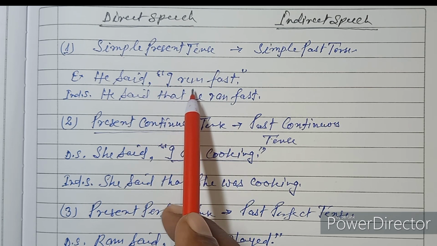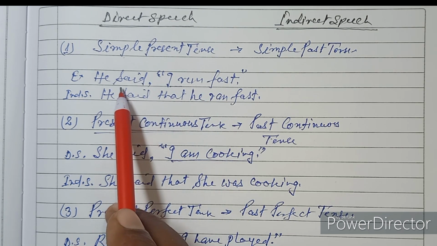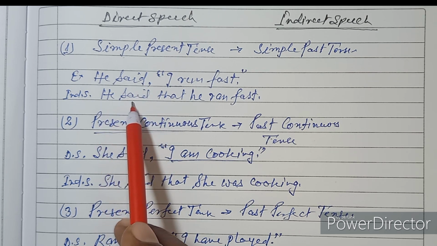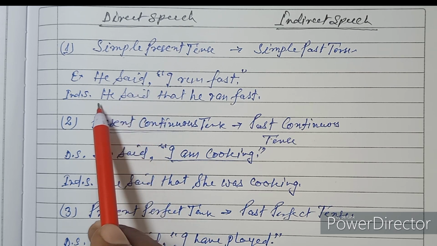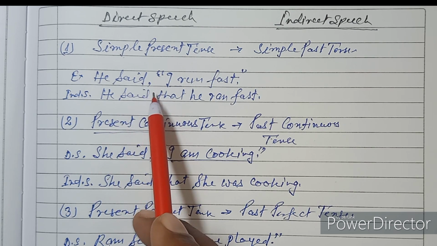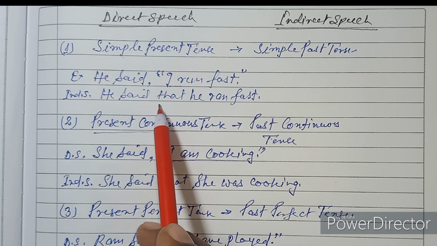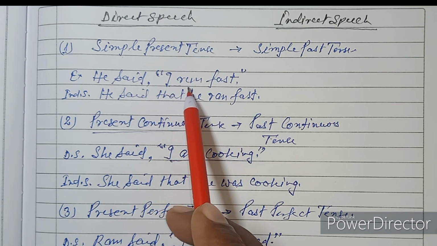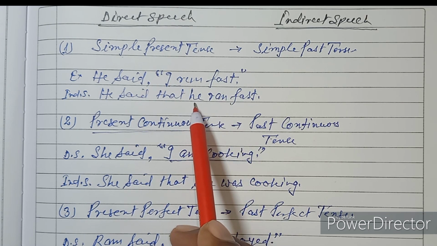This is simple present tense, but our reporting verb is past tense. So he said will be written as it is. He said. In order to remove comma हटाने के लिए हम लोग that का यूज करते हैं. He ran fast. तो ये जो हमारा सिंपल प्रेजेंट टेंस था, ये सिंपल पास्ट टेंस में बदल गया.